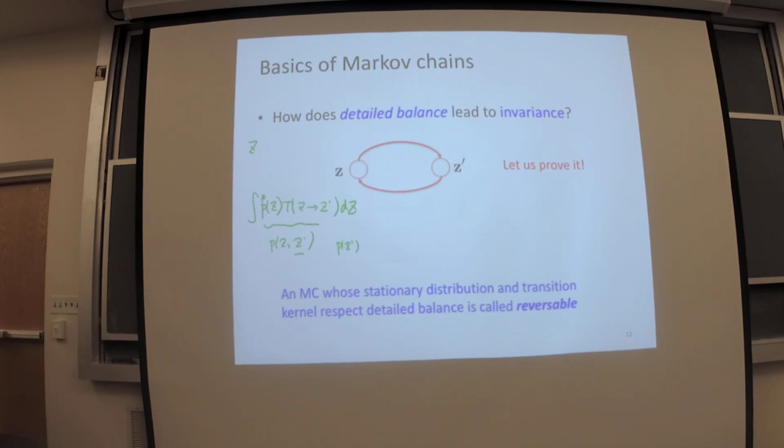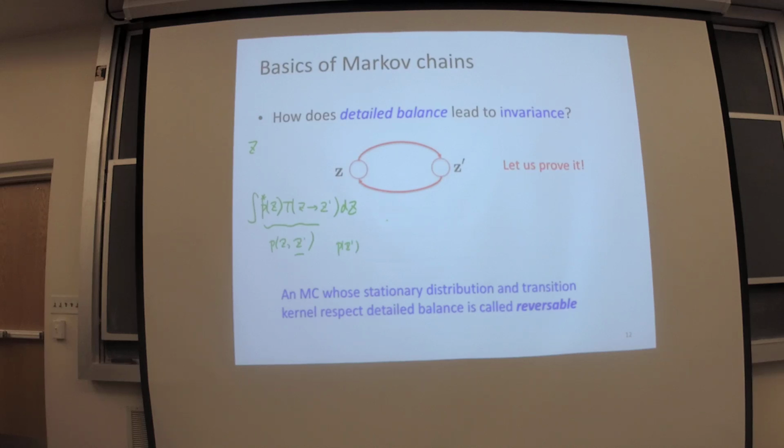According to the definition of invariance, if I use p star to sample z and use z to generate z prime, the marginal distribution of z prime should also follow p star. So I want to check this.